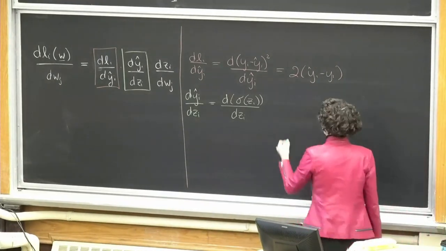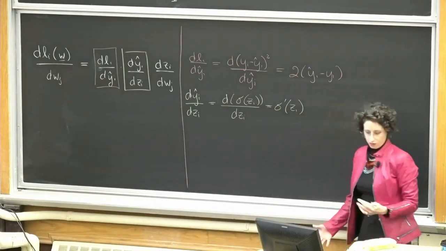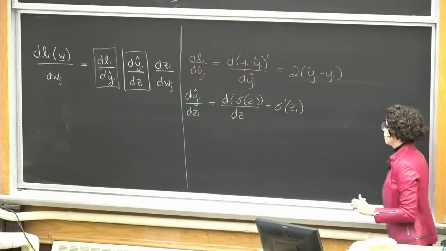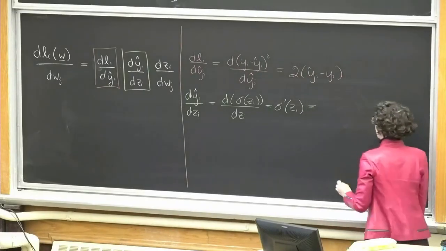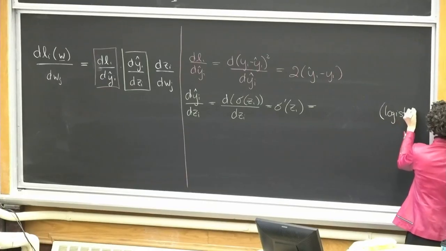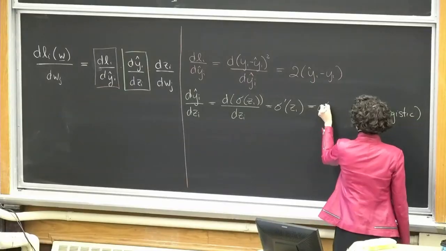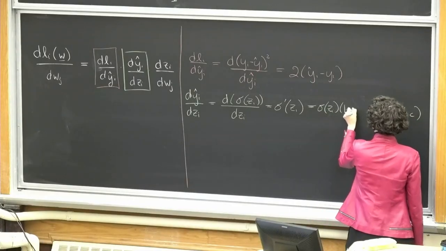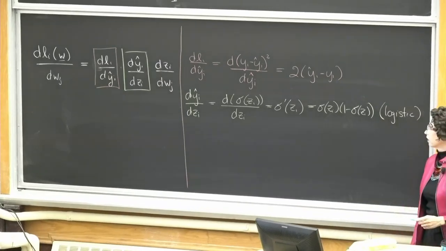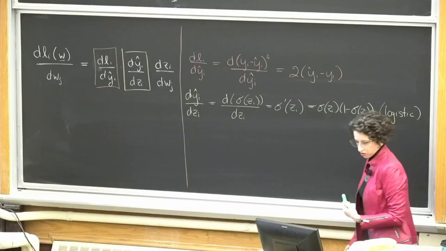This is simply sigma prime of zi. This is why I emphasized that when I was introducing the different activation functions. And in the special case of the logistic activation function, which is what we're going to work out in detail here, this is simply sigma of zi times 1 minus sigma of zi. Okay, so we've worked out the second factor in this chain rule expression.